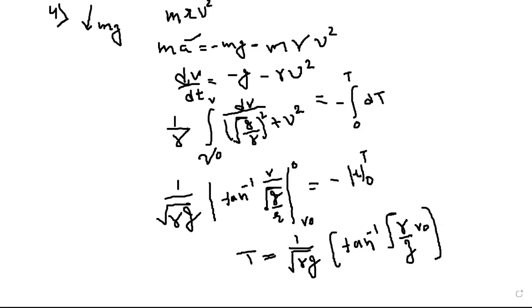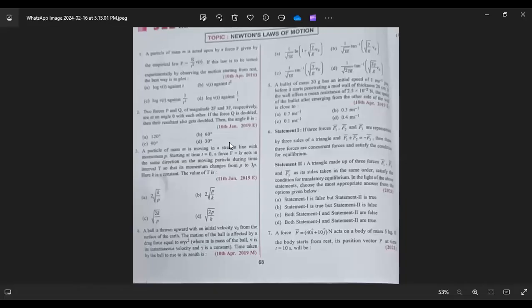Wait, T is equal to γ upon g. Wait 1 minute. Yes, this one. So we will find T is equal to 1 upon under root γg and tan inverse.